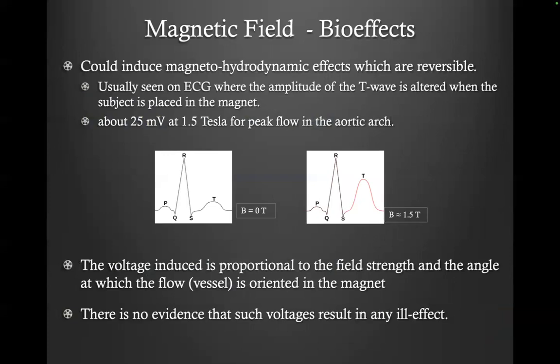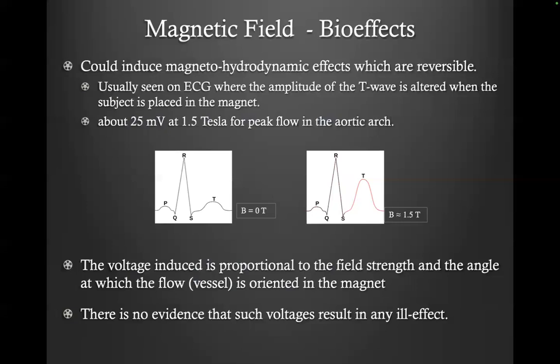So what are the bioeffects related to your main magnetic field? They could induce magneto-hydrodynamic effects, which are usually reversible. If you look at your ECG wave, you can see that the amplitude of the T wave is altered when the subject is placed in the magnet.